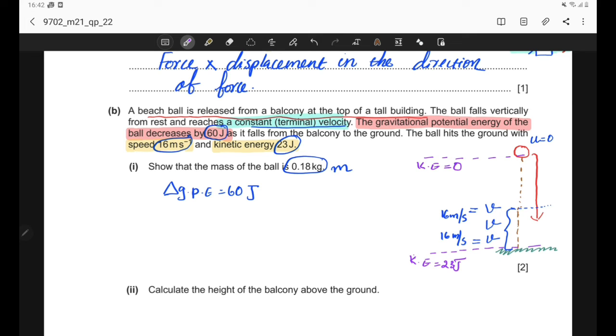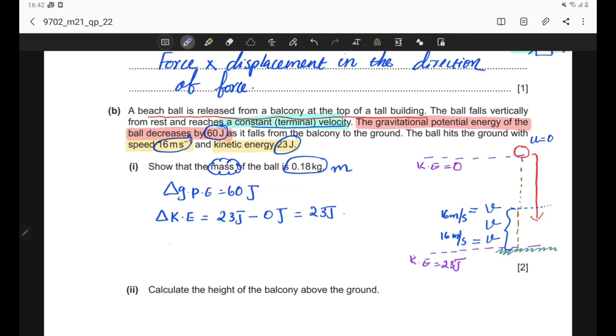So the change in kinetic energy of the ball from the initial point to the final point is the final kinetic energy, 23 joule, minus initial kinetic energy, 0 joule. So we will get 23 joule. And in the first section we need to calculate mass. So we have the change in kinetic energy value.